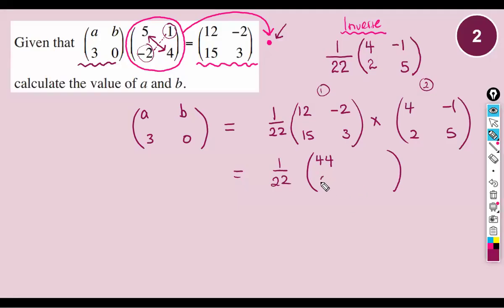I'm getting 66 over here. I'm getting -22 over here. And I'm getting 0 over here. And remember, all of this is equal to A, B, 3, and 0.